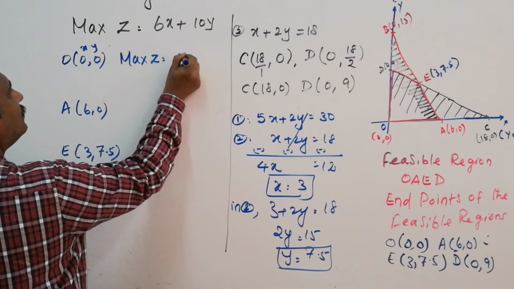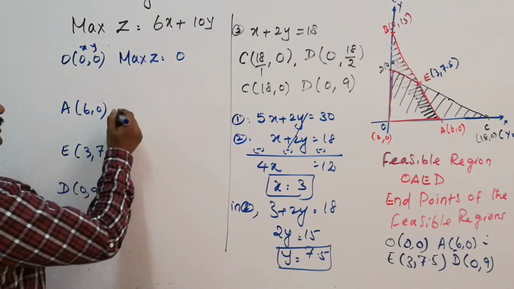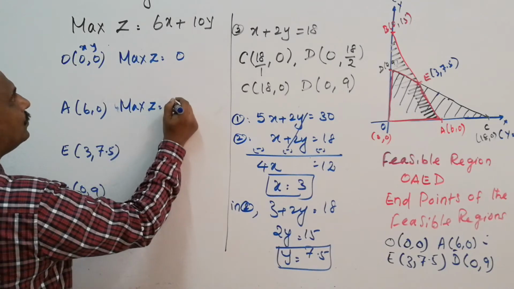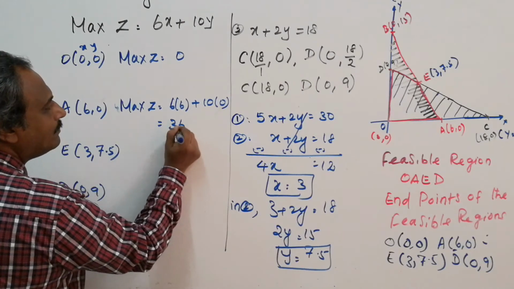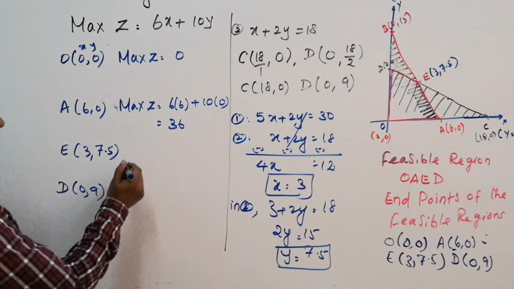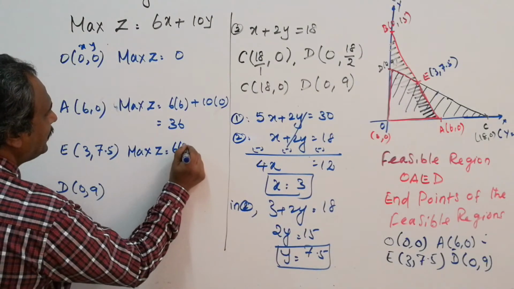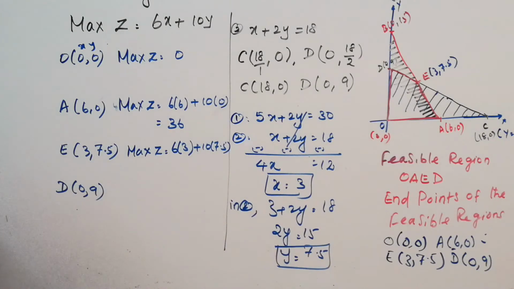When I substitute 0, 0, Z will be 0 because 0 plus 0 becomes 0. Now I am going to put 6, 0. Z is equal to 6 multiply 6 plus 10 multiply 0. So this will become 36. I am going to check the value of E. Z is equal to 6 multiply 3 plus 10 multiply 7.5.